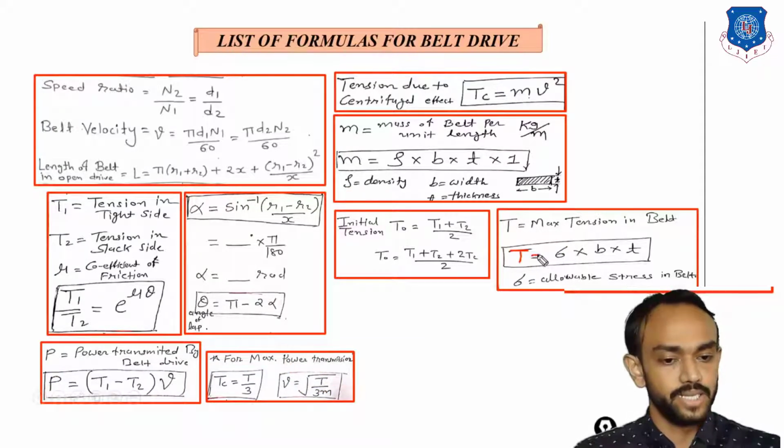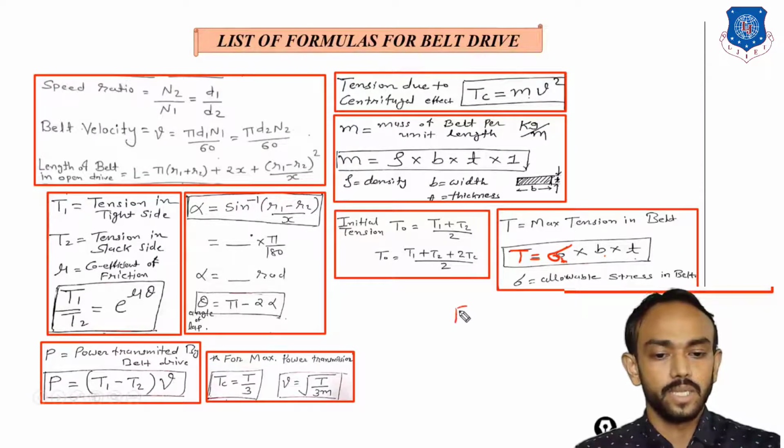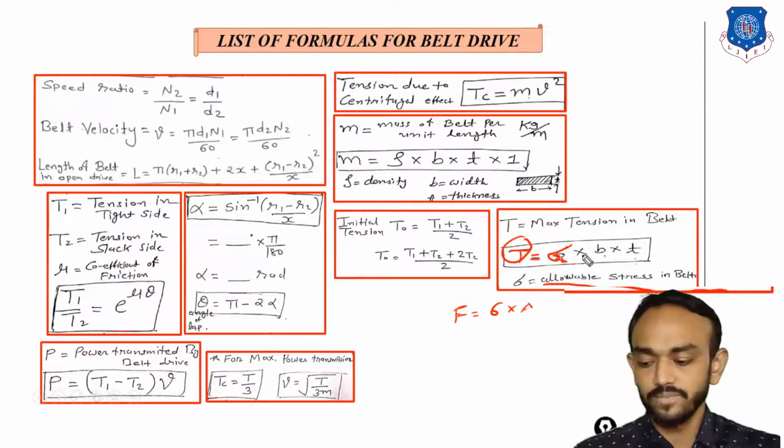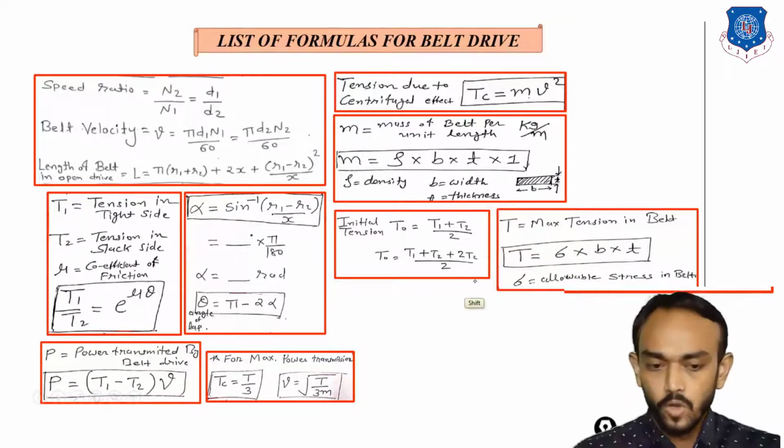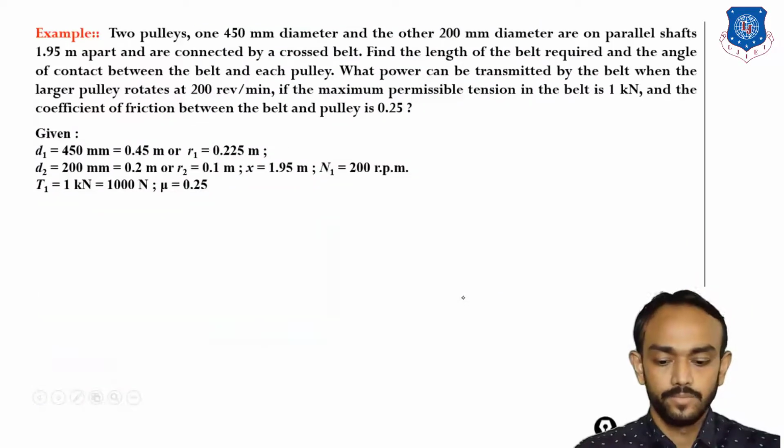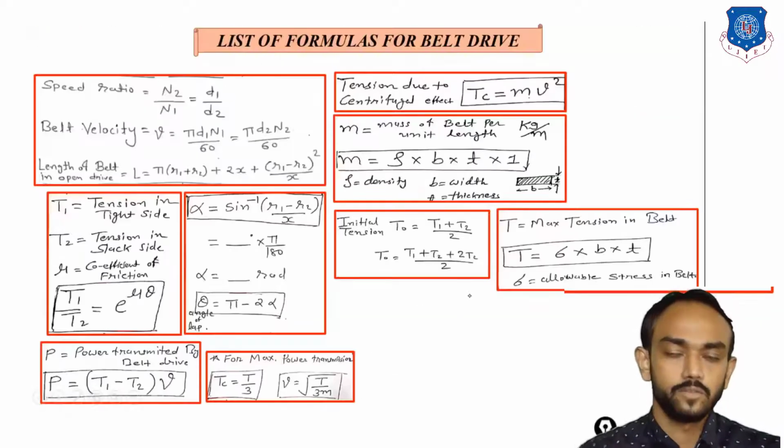Maximum tension is equal to stress, sigma, into B, width, into T. You know that force is equal to stress into area, so same type of formula: tension means force in Newton, stress into B into T, and this stress is the allowable or maximum stress for that belt. So this is the formula for the belt.